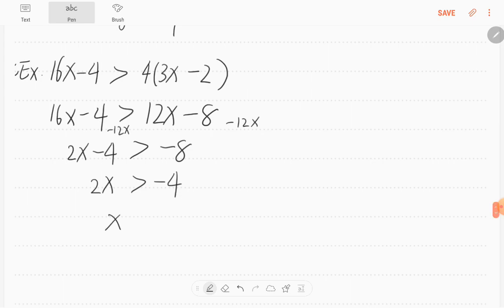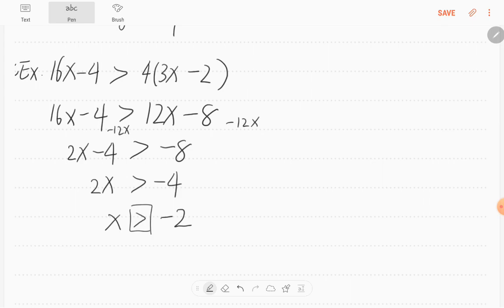Since we divide by a positive number, it will not change the direction of the inequality, so it will still be greater than.